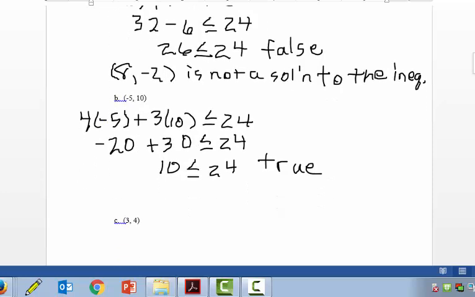It is true that 10 is less than 24. So the statement 10 less than or equal to 24 is therefore true. So (-5, 10) is a solution to the inequality.